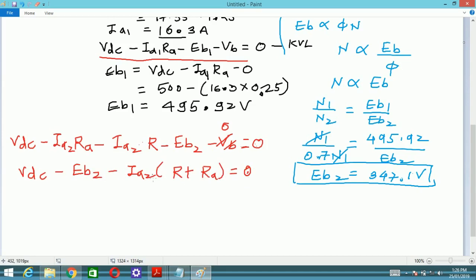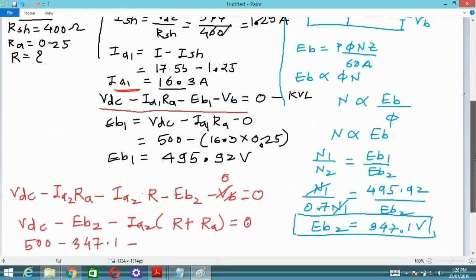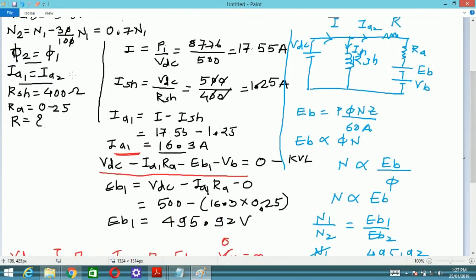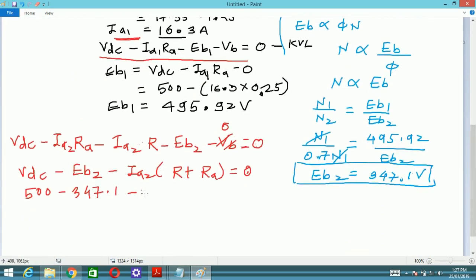I will take this term to the right side. VDC is given as 500, minus EB2, which we calculated as 347.1 volt, equals IA2 times R plus RA. IA2 is the same as IA1, because it is stated in the numerical that the current does not change, so IA2 is 16.3.